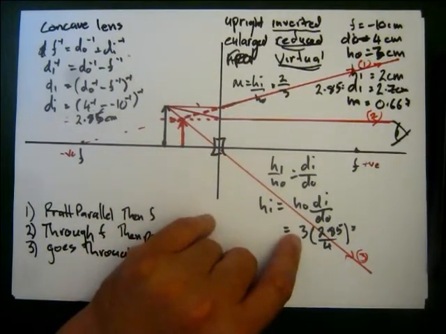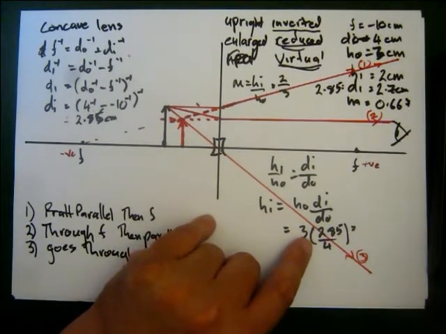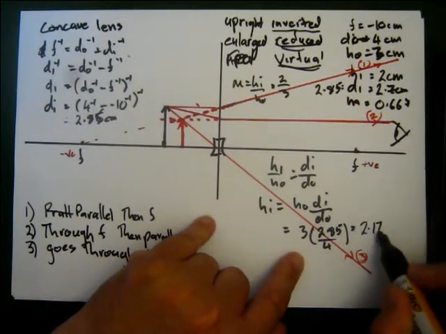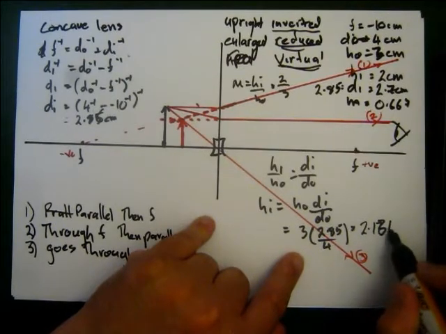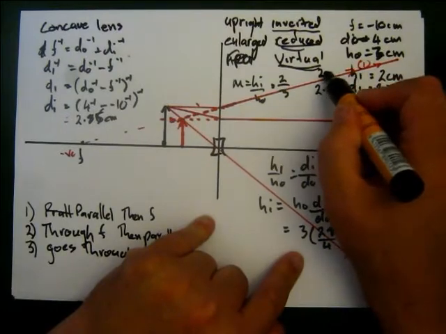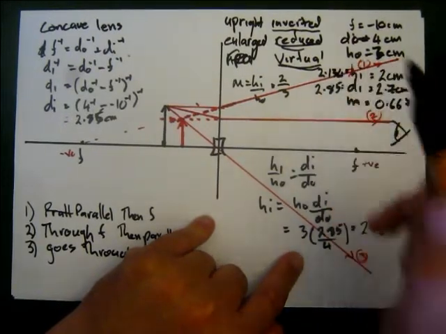So 3 times 2.85 divided by 4, so 3/4 of that equals 2.134 centimeters. 2.134 centimeters is how tall it is.